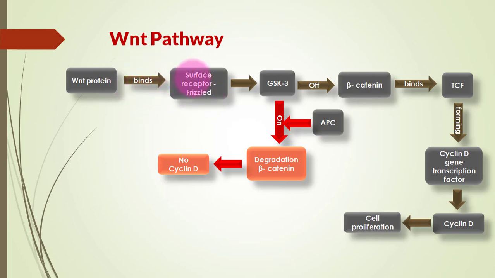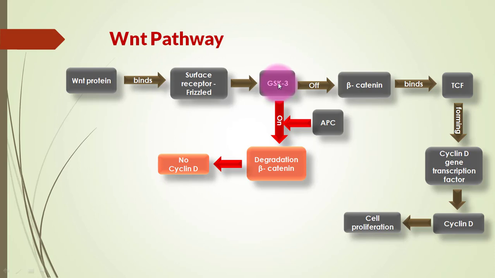It will get activated, and it will in turn turn off a protein called GSK3. So the frizzled receptor, after getting activated by binding a Wnt protein, will turn off a GSK3 protein.